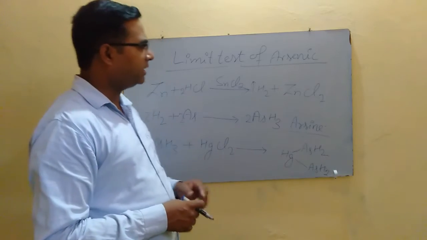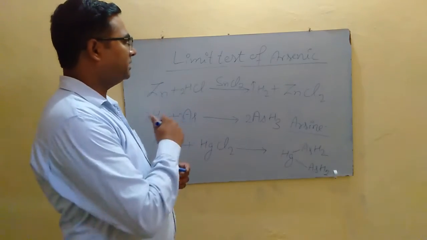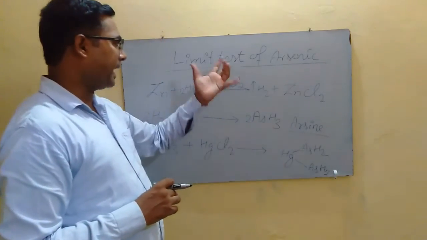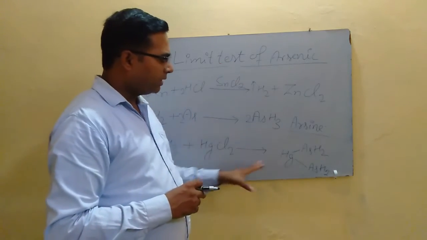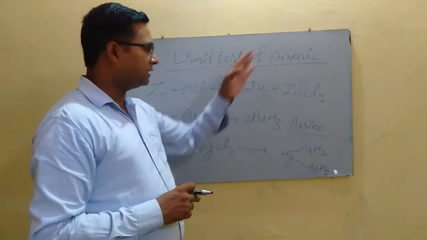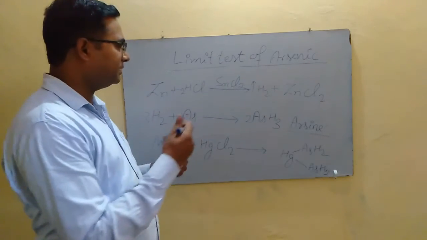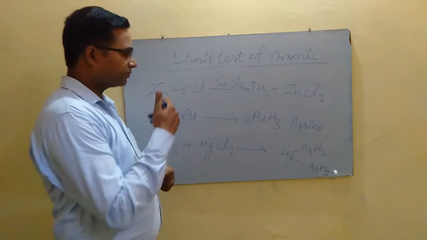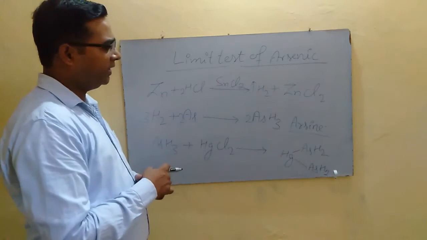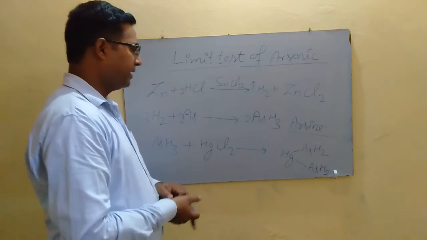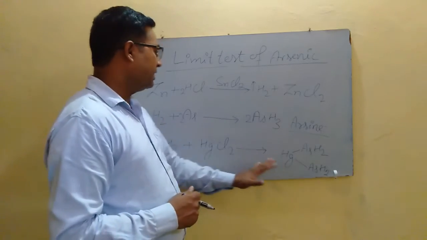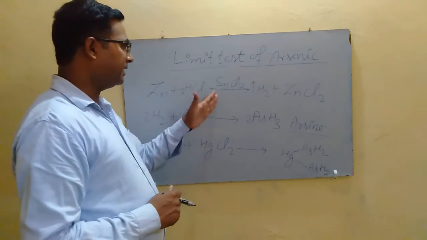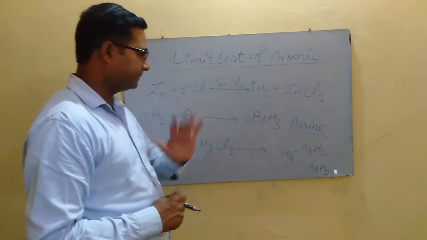In case the intensity of yellow color in the test sample is more as compared to the standard, then our test sample fails the limit test of arsenic. This is the basic principle behind the limit test of arsenic.